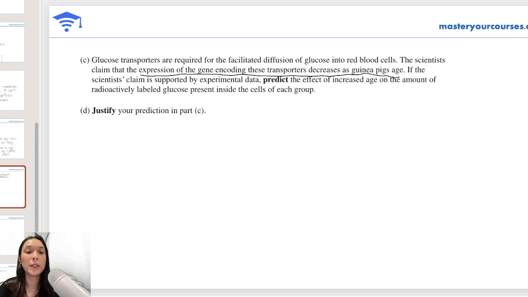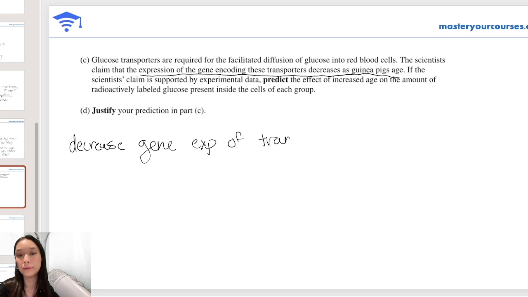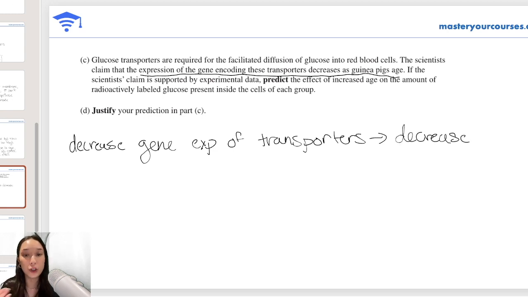Okay, so if I'm decreasing gene expression of transporters, you have to mention the fact that that would then decrease the number of transporters. So yes, it's a decrease in gene expression, but we know that a decrease in gene expression is going to result in a decrease in protein level.